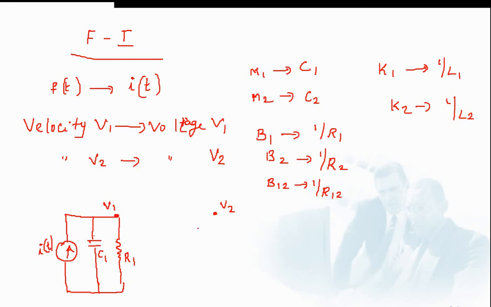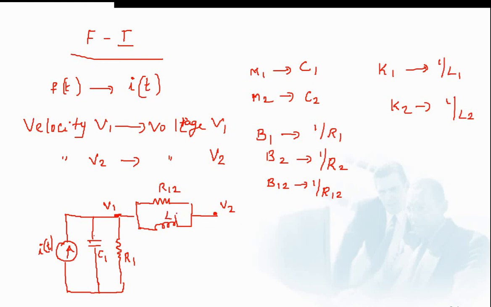They will be common to the two nodes V1 and V2. So we can draw the two elements in parallel: analogous to B12, there should be a resistor R12, and analogous to K1, there should be an inductor L1.